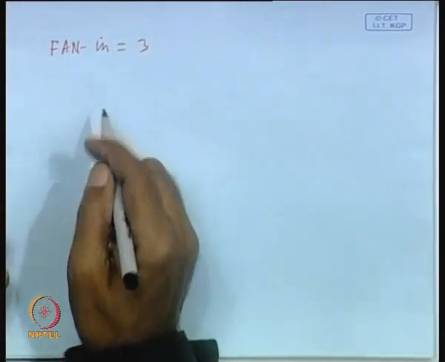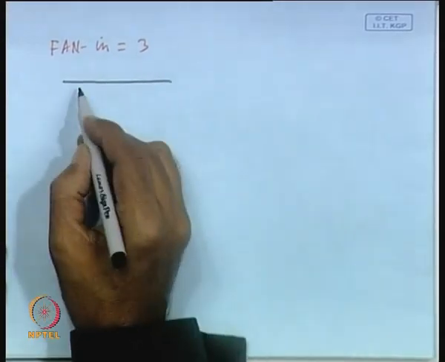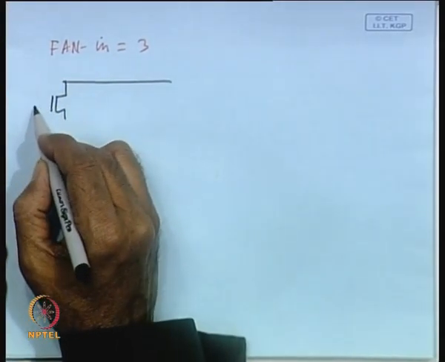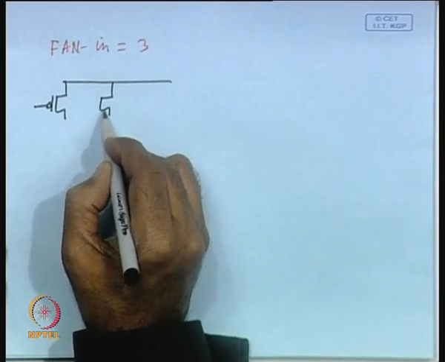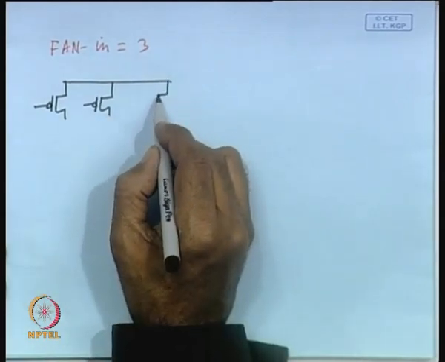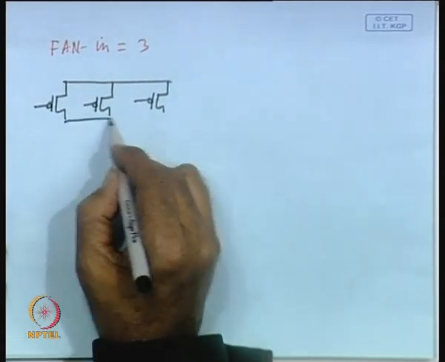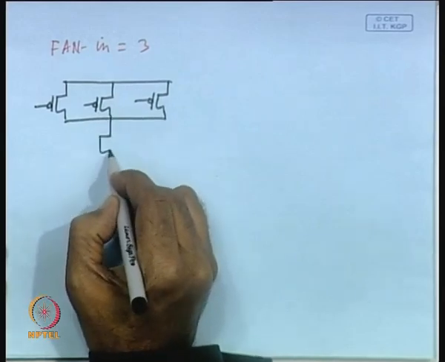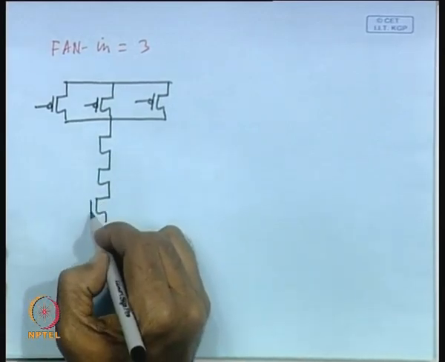In the case of a NAND gate, we know that we have 3 PMOS transistors in parallel and 3 NMOS transistors in series.